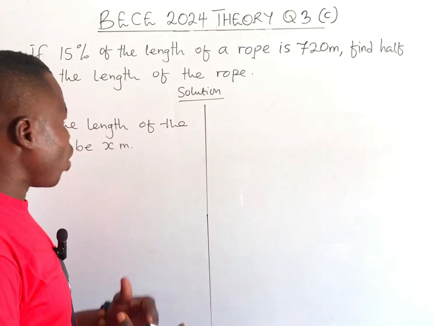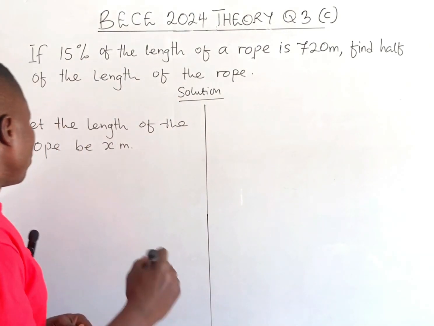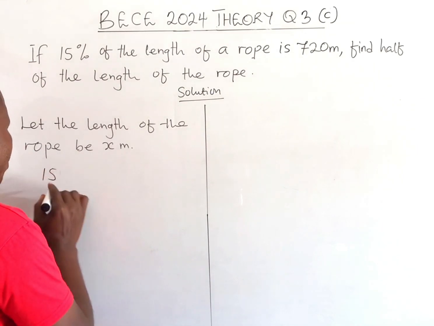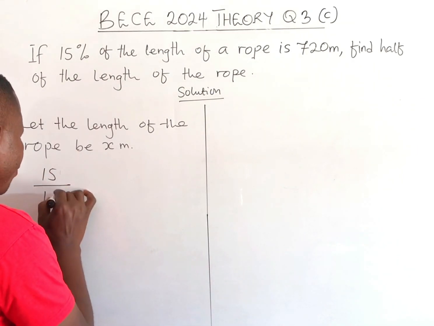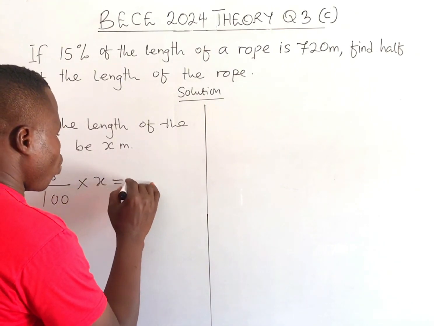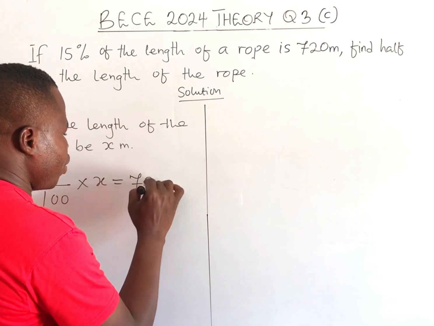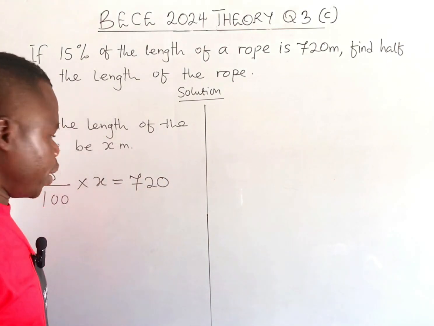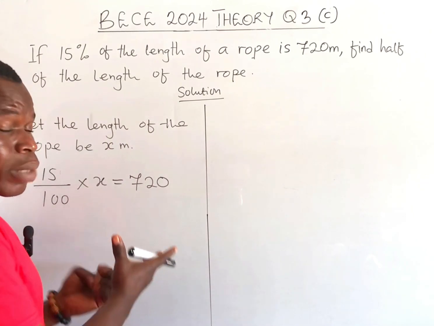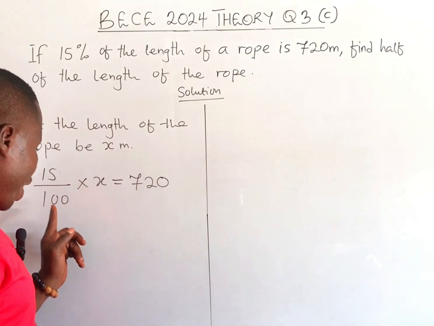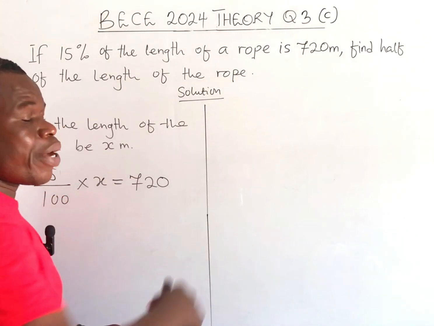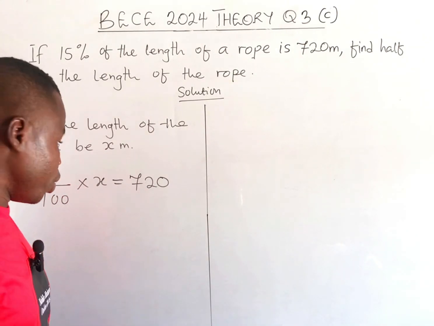To find the actual length of the rope now, we take 15%. So that means that we have 15 over 100 times the length of the rope. And this will be equals to 720 meters. So the mathematical interpretation of 15% of the rope is 15 over 100 times the length of the rope, which will give us the 720 in the question.